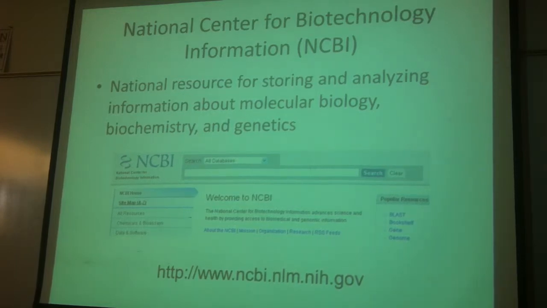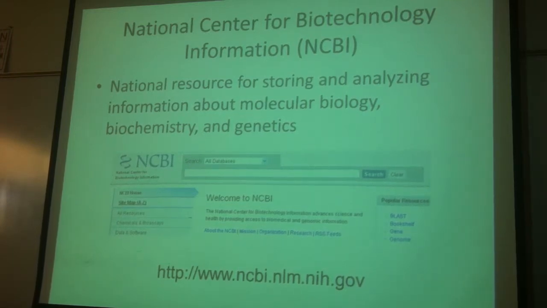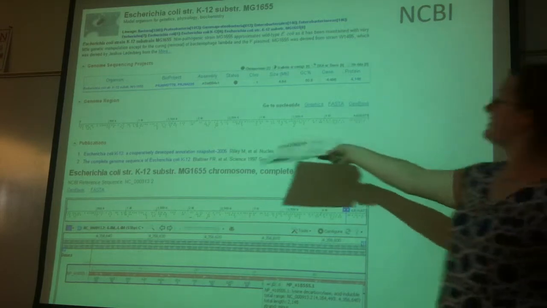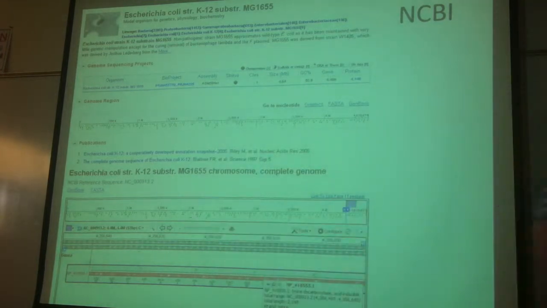If you haven't checked out NCBI, you might want to, because it's amazing the amount of stuff you can find on there. Some examples: you can look at E. coli. You can look at the different structures, the different sizes. You can look at the organism. Okay, we're looking at Escherichia coli. It has one chromosome. How big is it?